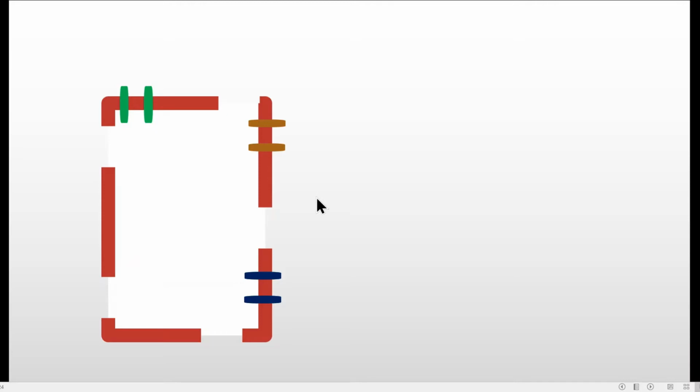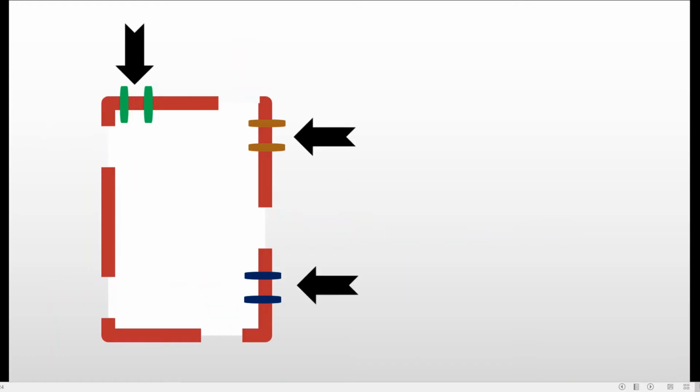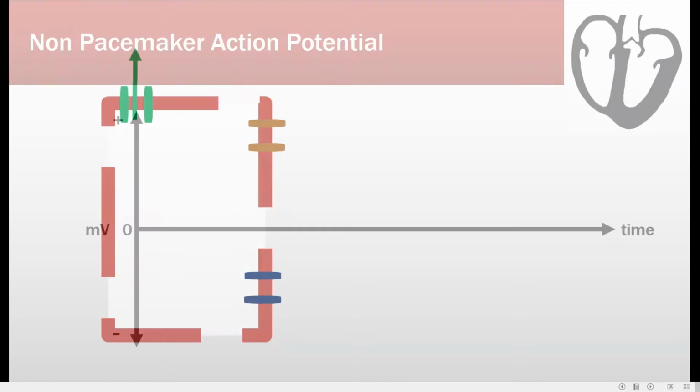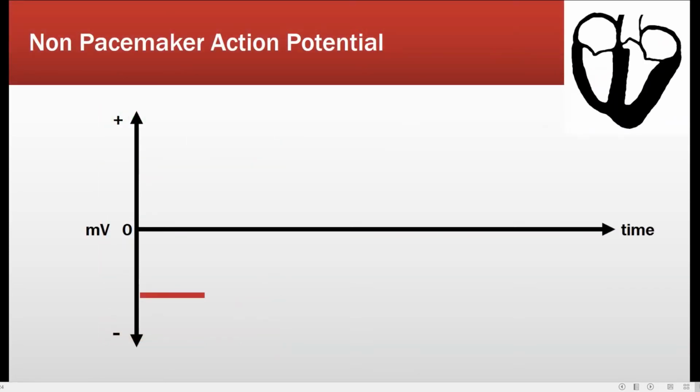In the cells of your heart, you have gap junctions, where the exchange of ions is happening, and we also have channels. They are in different colors because it depends on the specific ions that will enter or exit your cells. First, potassium leaks out of your cell.